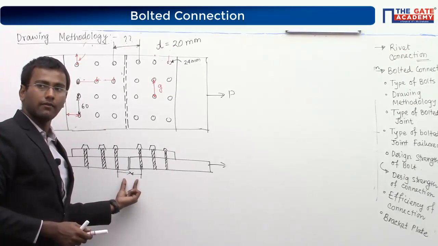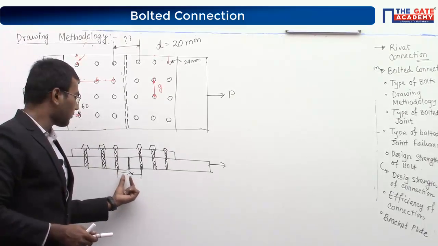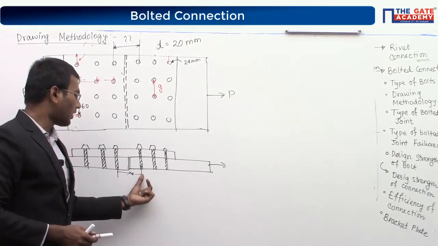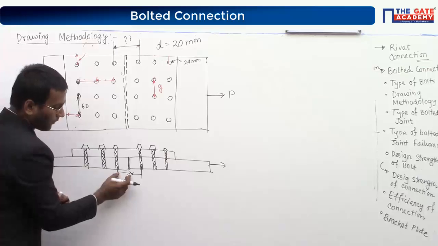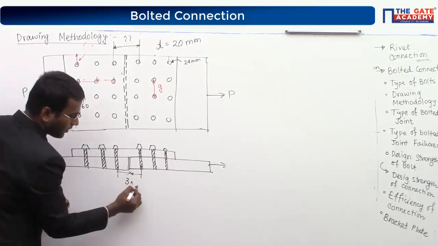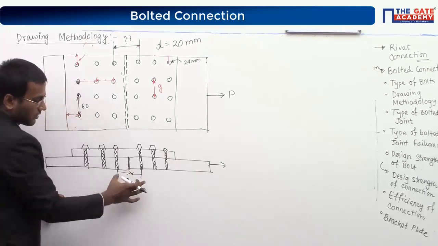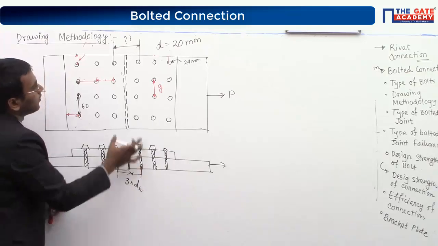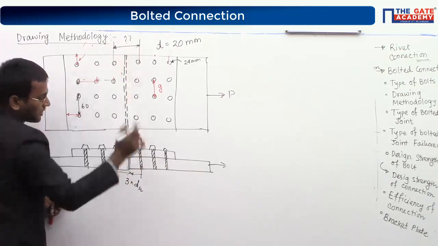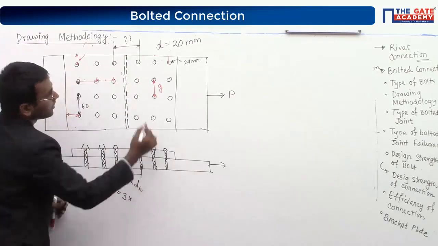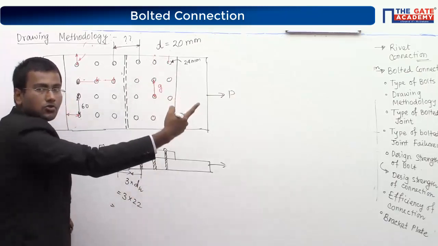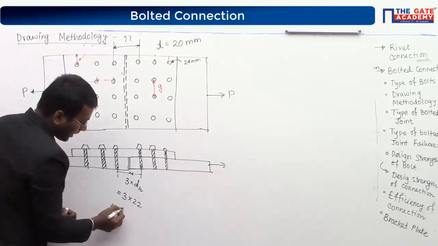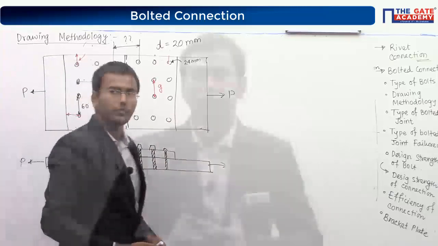It is nothing but 1.5 plus 1.5, so 3 into DH. This is the minimum distance as per the given question. So 3 multiplied by DH. DH is 22, since D is 20 and clearance is 2. So it is 22, I can say 66 mm.